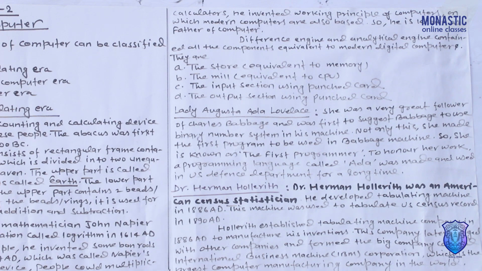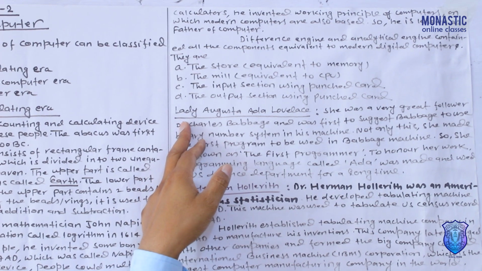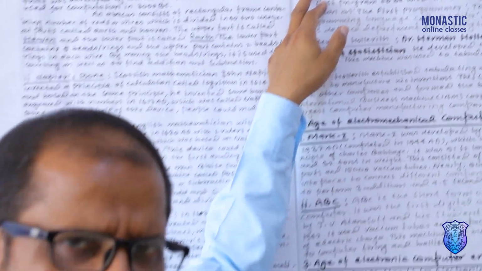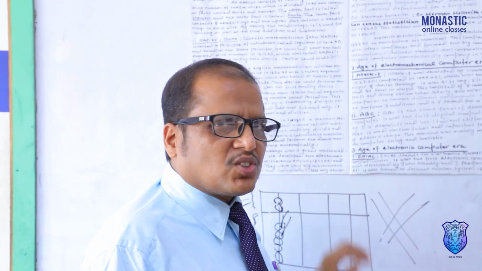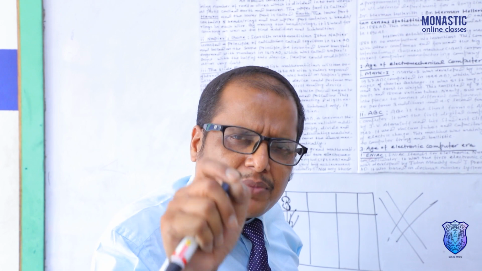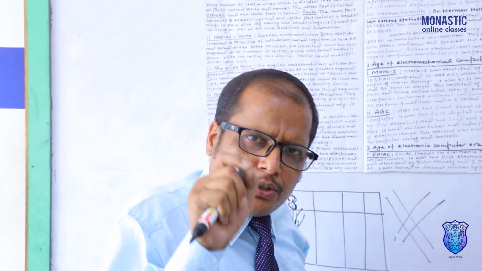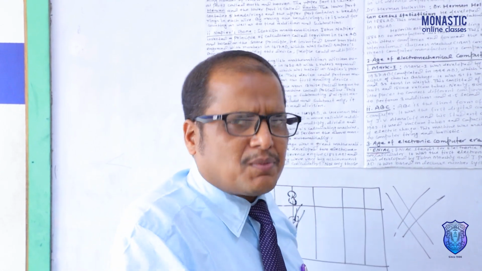Actually, Lady Augusta Ada Lovelace was a great follower, a great supporter, a great devotee of Charles Babbage. She suggested he use the binary number system, to use 0 and 1 in his machine.